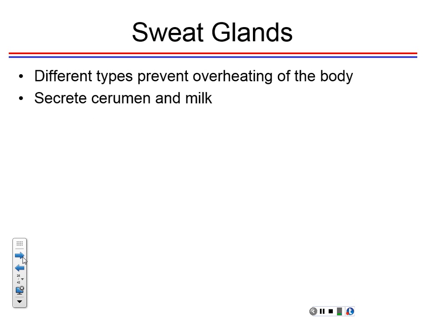And sweat glands, there's 3 different kinds. The actual sweat glands that produce sweat, of which there's 2 types, and we'll talk about it. And then the mammary glands are modified sweat glands that produce milk. Those are apocrine glands because they secrete partial portions of the cell.